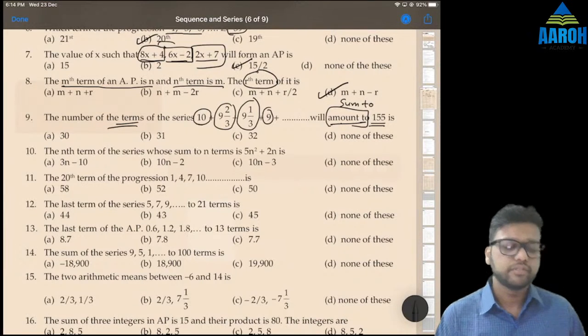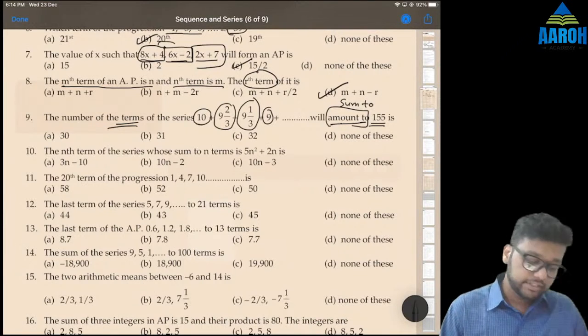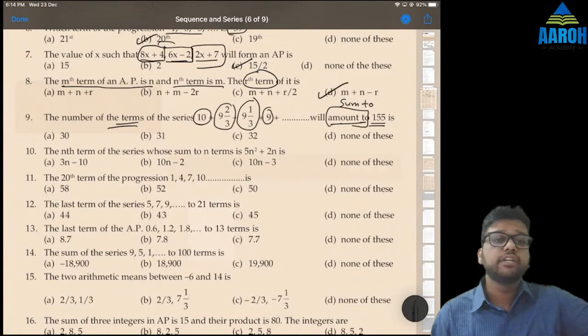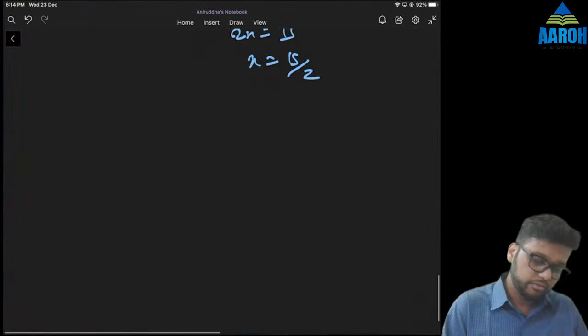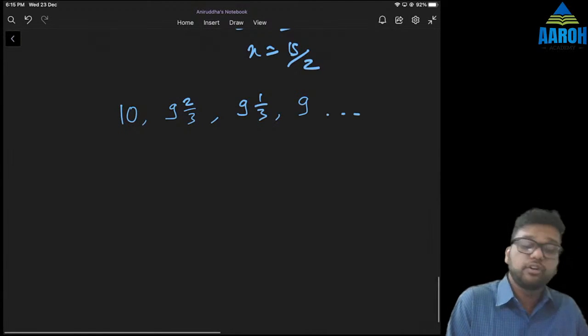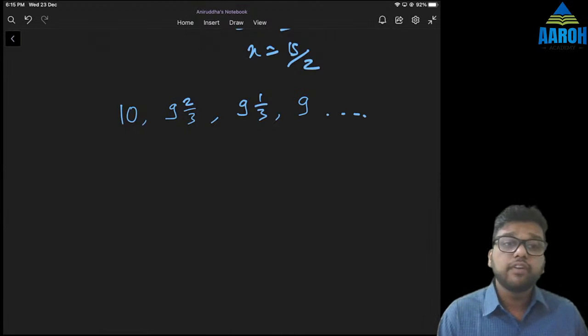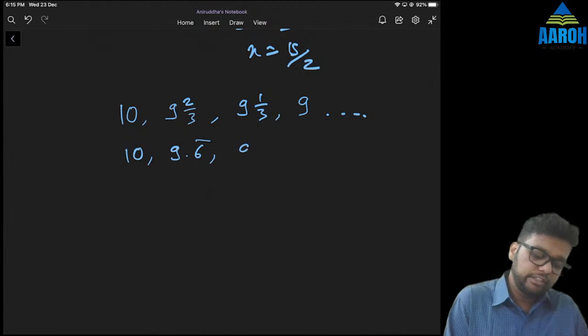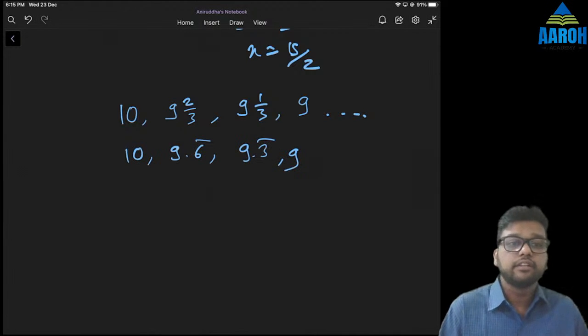Number of terms. Okay. So let's see what is the series. 10, 9 2/3, 9 1/3, 9. If we convert it to decimal points, it is 10, 9.6 recurring, 9.3 recurring, 9.